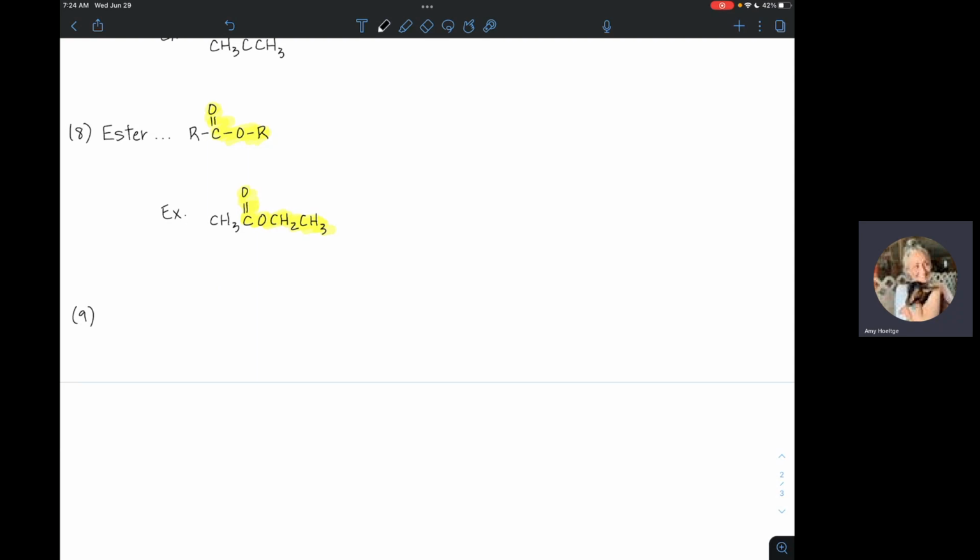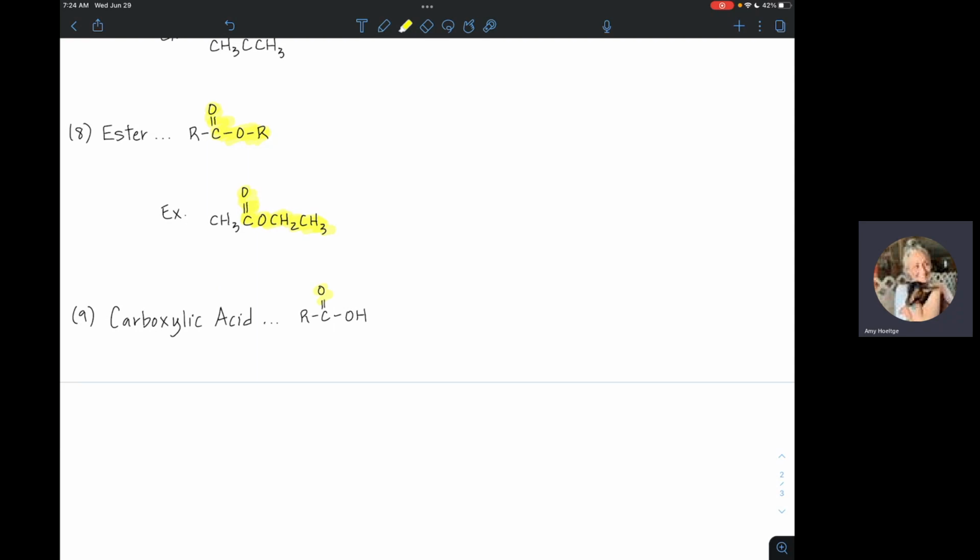Another piece of functionality with the carbonyl group is a carboxylic acid. So if you're imagining that these are acidic compounds, you're right. We have R, we have the carbonyl, and then instead of in an ester where you see OR, here we have OH.